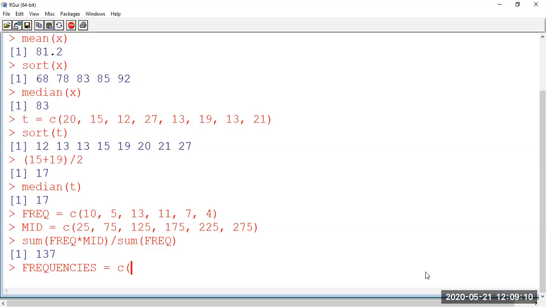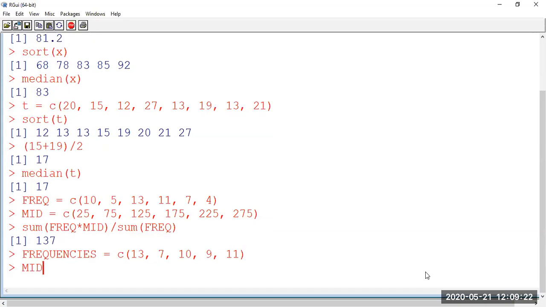So frequencies are 13, 7, 10, 9, and 11. Those are the frequencies, and the midpoints are 5, 15, 25, 35 and 45. Check my work, I can make mistakes.